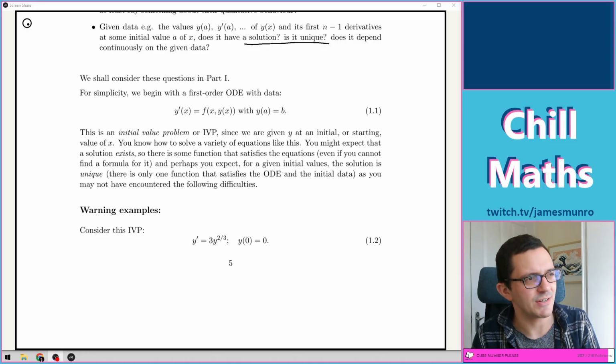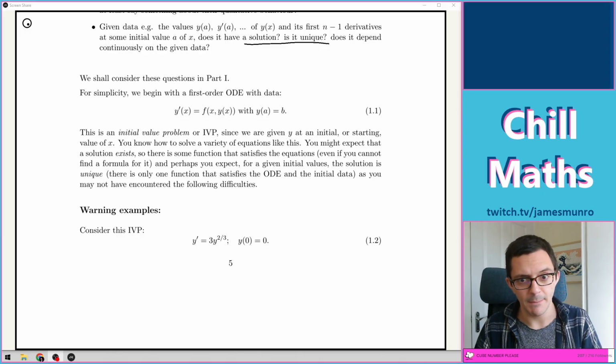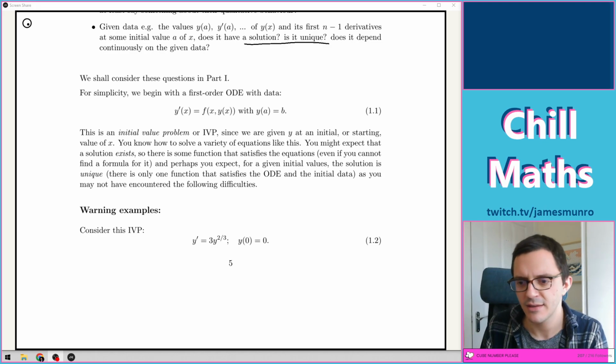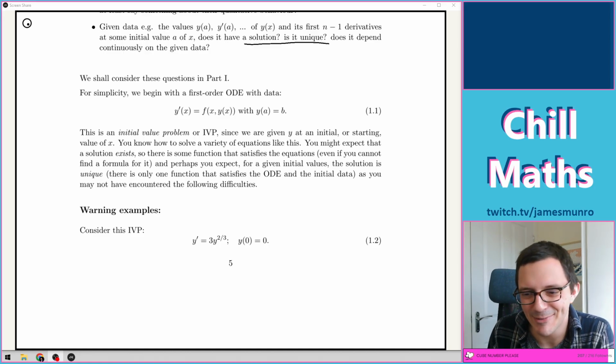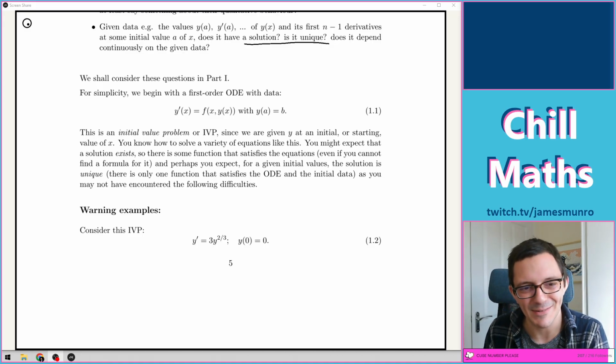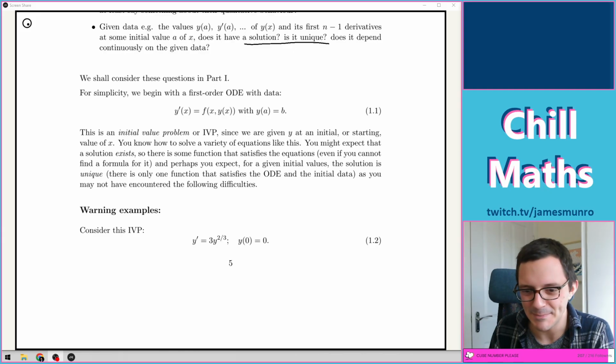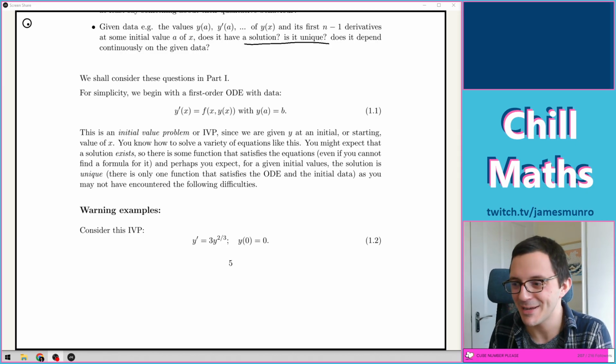Maybe someone says we're going to look at quadratic equations, and a quadratic equation might look like this, but not like that, and definitely not like this, and not like that either. It looks like this or this or this. So you give some examples. Anyway, a warning example is one where, I guess, it's not really an example of something working. It's an example of something not working, or not behaving the way you might expect.